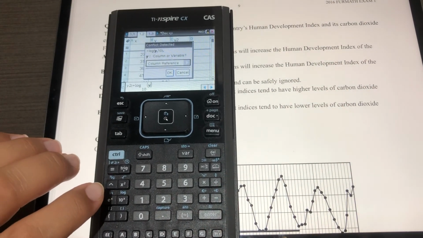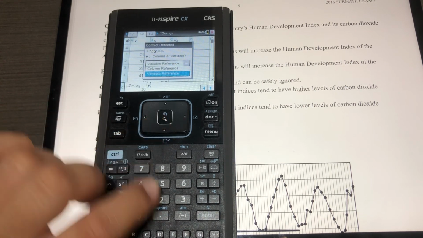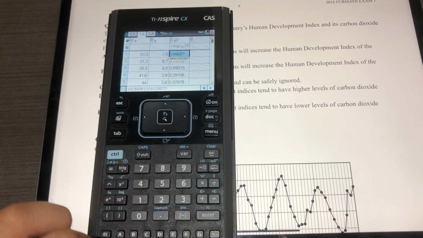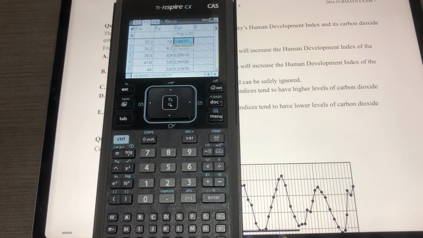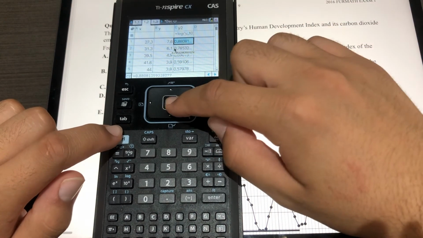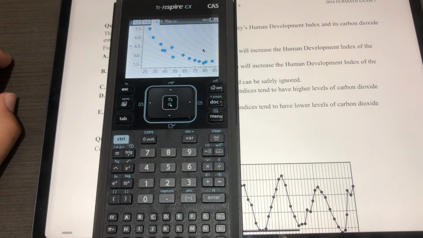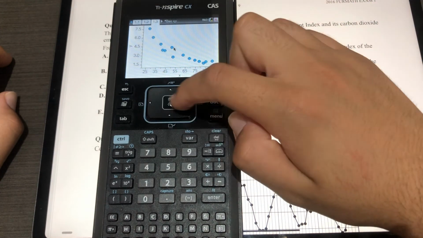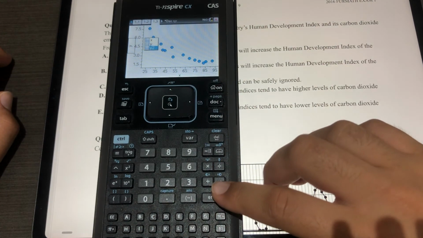And it's going to say column reference. You want to click on it, choose variable reference instead, press OK. And then you get all these numbers here. So basically, if you want to sketch the linearized graph, go back to Data and Statistics, and instead of y, go ahead and change it to y2.